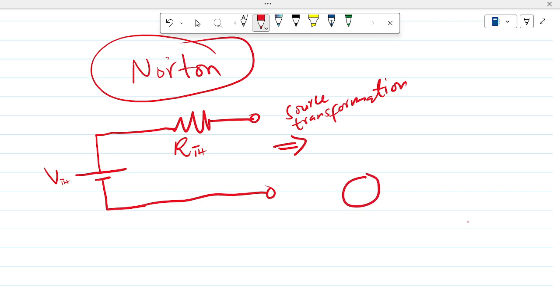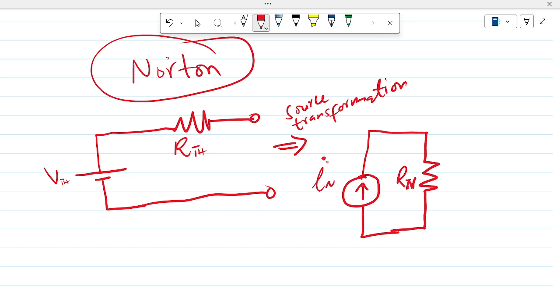So instead we have the current source and the Norton resistance the same as Thevenin's resistance, or Rn. Let's give him some credit. So he calls this Norton's current, and your node of interest AB comes in.